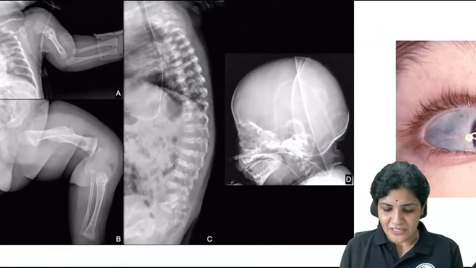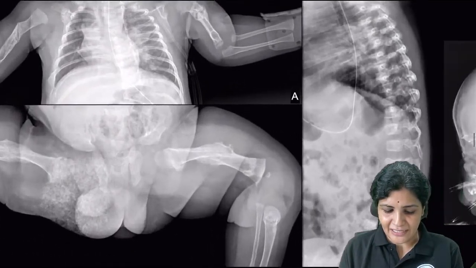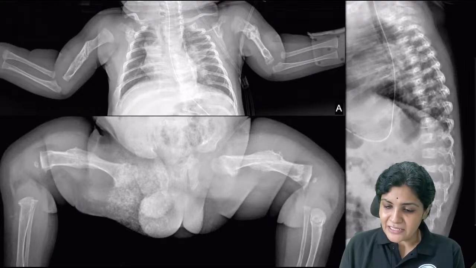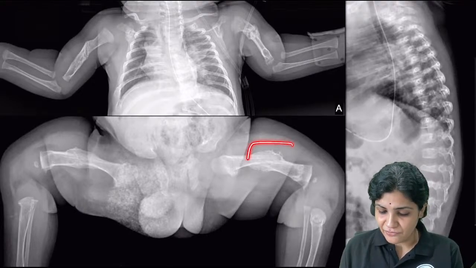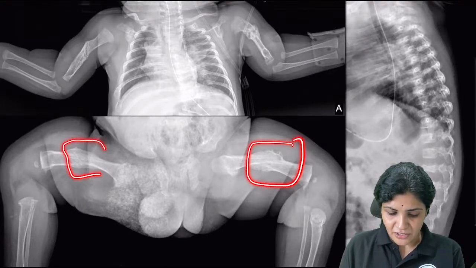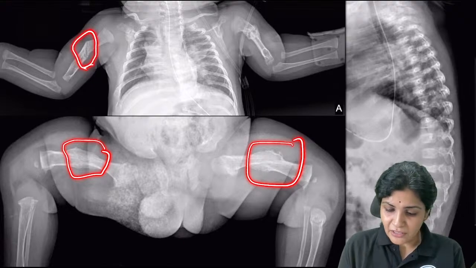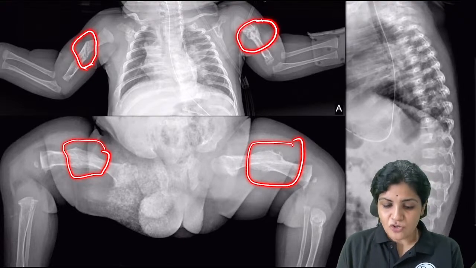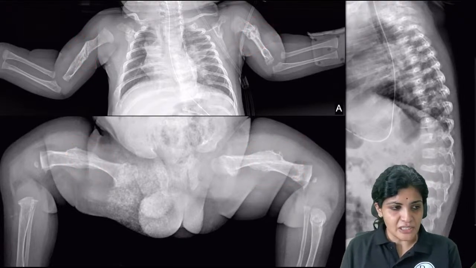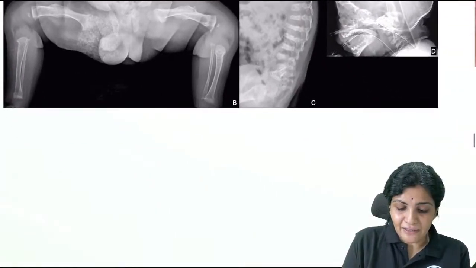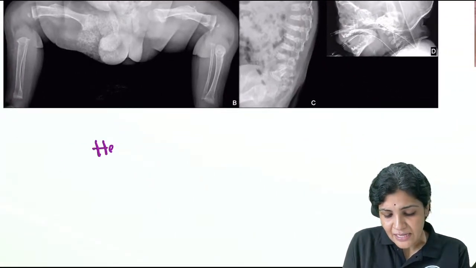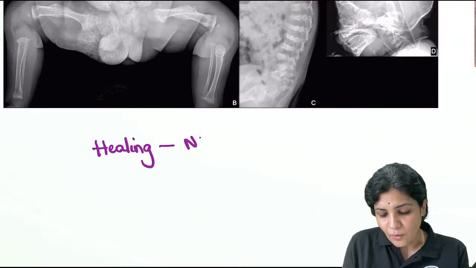And what else you can see in osteogenesis imperfecta is this. There are multiple fracture sites. You can see a fracture here, a fracture here, a fracture here, a fracture here. So at multiple sites there are fractures, and one more specific thing you can see here is the healing. The healing of the bone is normal.